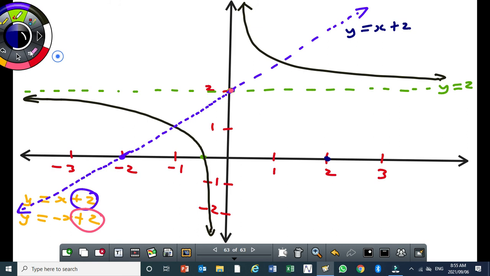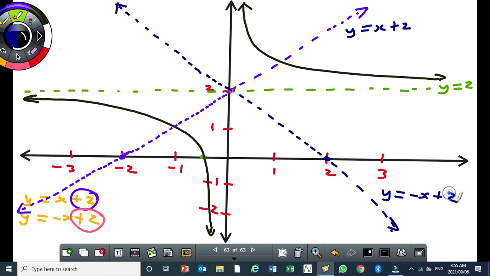So when you draw it, it will be something like that. Okay, so it looks something like that. Right, then you can label that line y equal to minus x plus 2. Right, so that's how your hyperbola will look like.